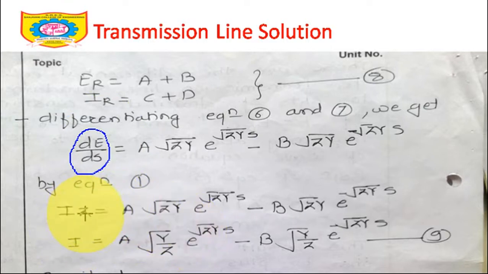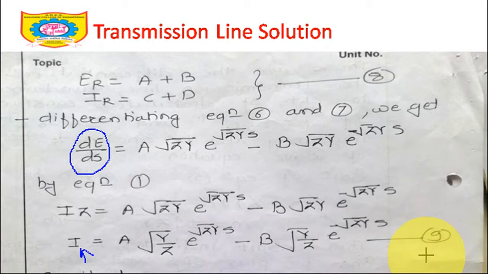Yes, I can take. If I take this z to the denominator here, so this is root zy upon z and root zy upon z. Finally what I will get? The expression in terms of I is A root y by z into e raised to root zy into s minus B root y by z e raised to minus root zy into s. So this is our equation number 9.